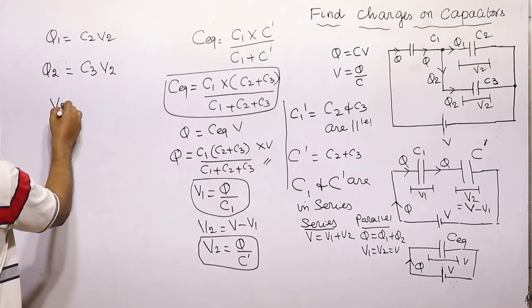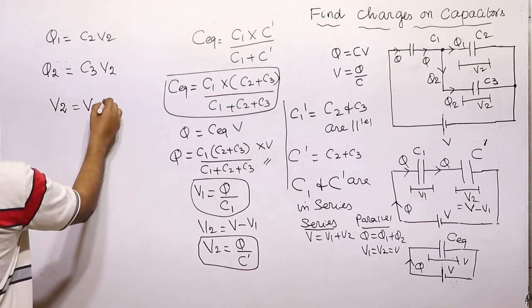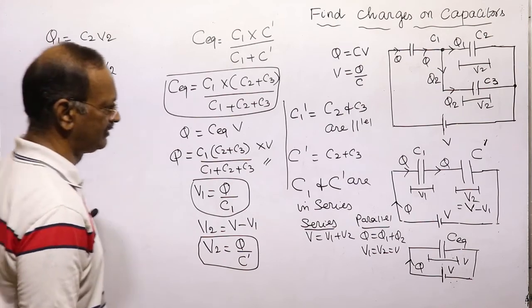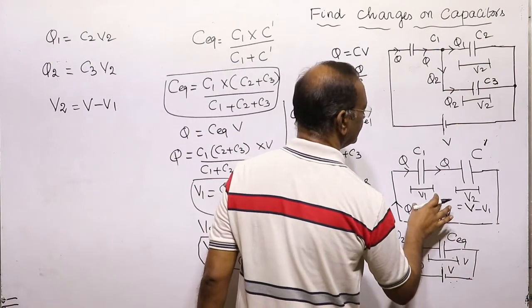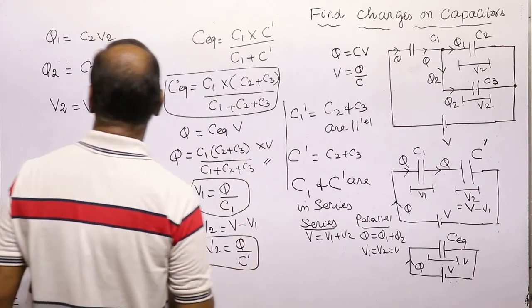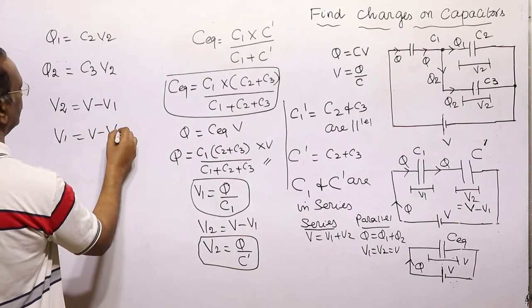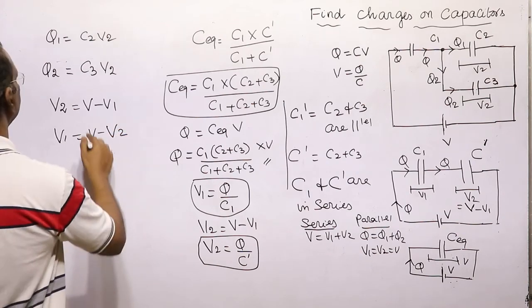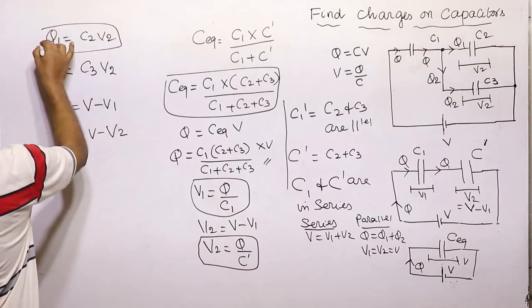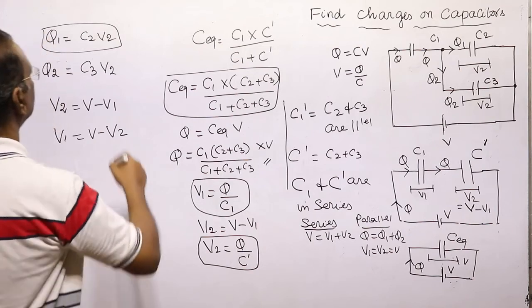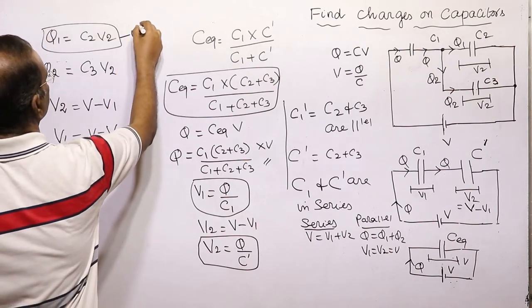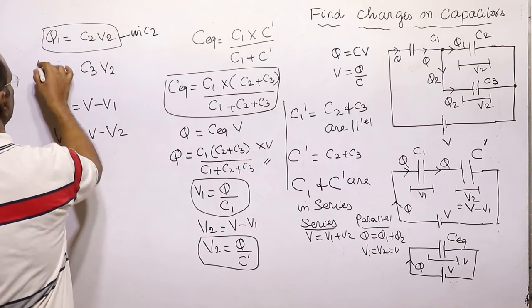We can write V2 is equal to V minus V1, or V1 is equal to V minus V2. This is the charge Q1 in C2, and this is the charge Q2 in C3.